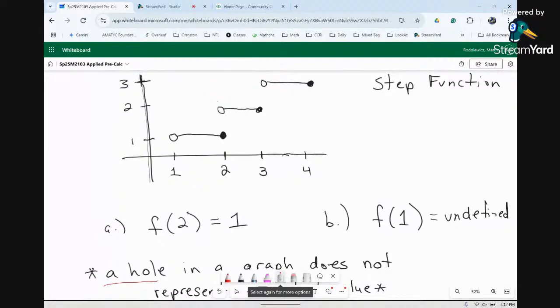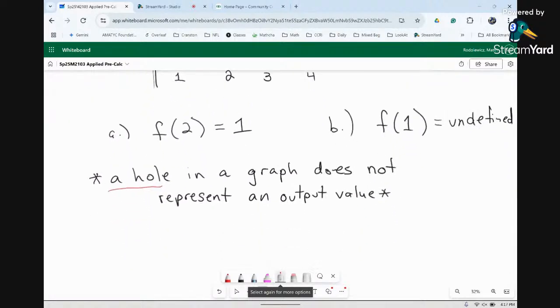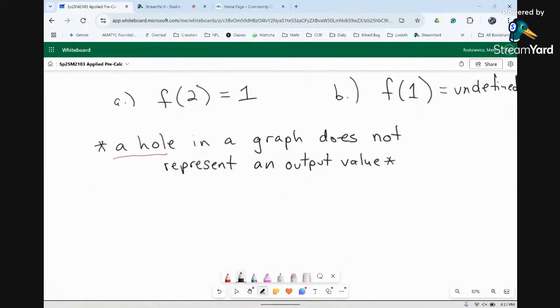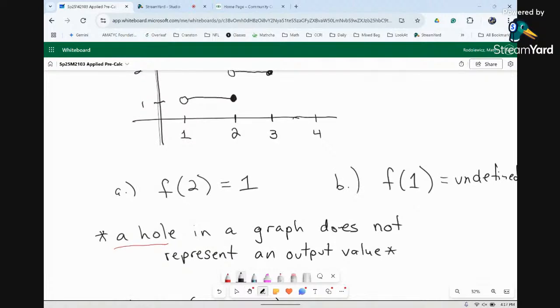Now, why the heck did graphs have holes in them? Well, we'll see some examples, but the easiest thing I can do is still kind of just say, what if I asked us to do this? What's f of 1 and the tiniest bit past 1, like a super microscopic amount? 1 doesn't have an output, it's undefined.